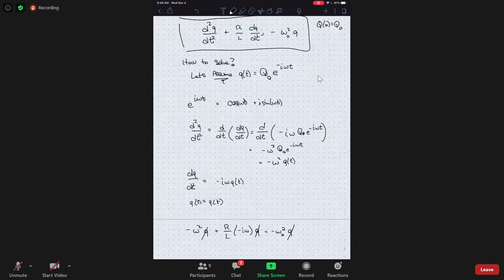Which i are you referring to? I'm not sure which i to which you're referring. So in this case, that's what I thought you meant. So dq dt brings down one power of minus i omega.